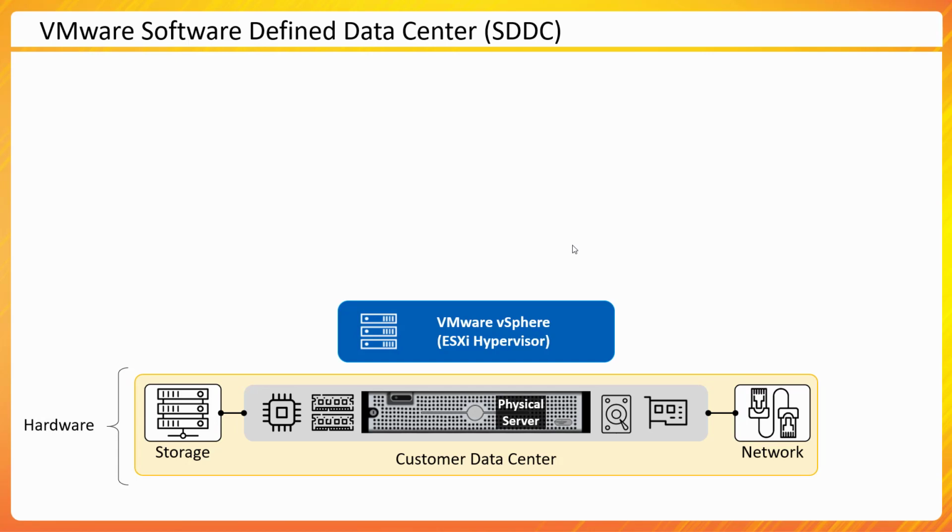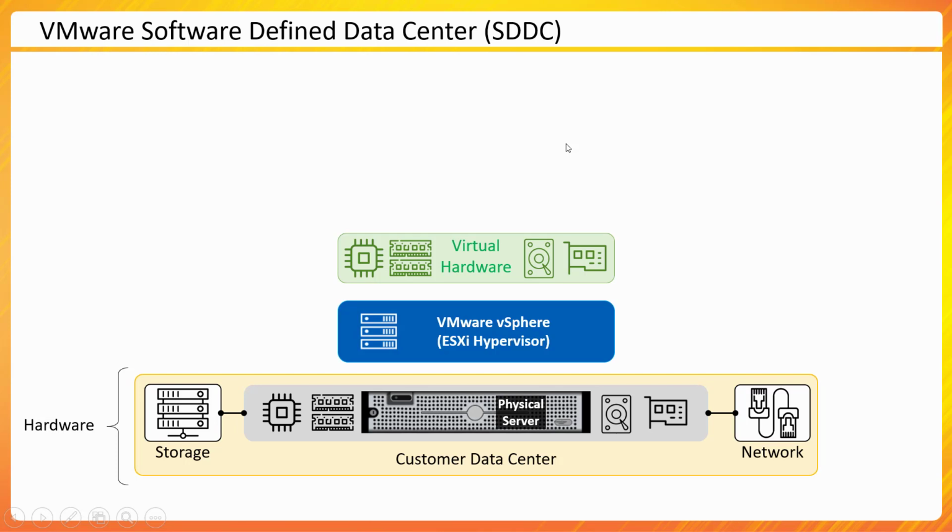This ESXi hypervisor is installed on the bare metal hardware, the physical server, and then all the components of this server like CPU, RAM, disk, and network interfaces become virtual hardware. VMware vSphere presents this physical hardware in a virtual way, and they become virtual CPU, virtual RAM, virtual network interfaces, and virtual disk.